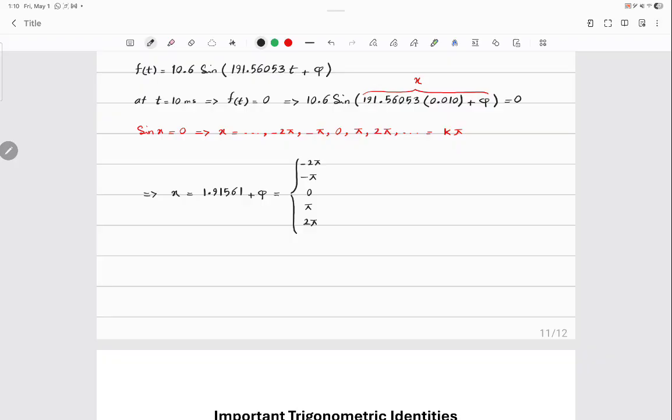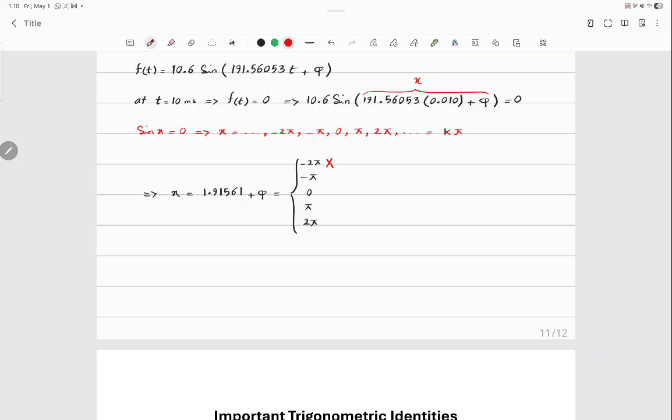Let's start with negative 2 pi. Remember, negative 2 pi is almost negative 6 something, right? If that is negative 6 something, and this goes to the other side, is phi positive? No. So the first one is not acceptable. Do you see what I did? Just solve this equation: 1.9 plus phi equals negative 2 pi.